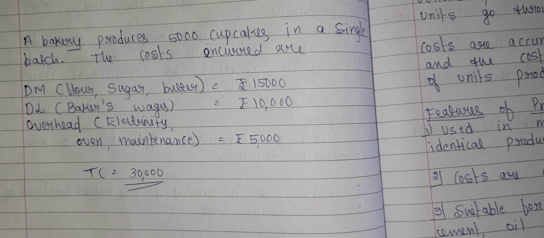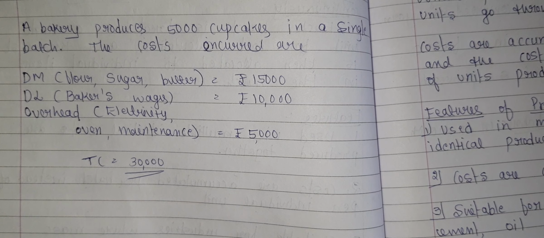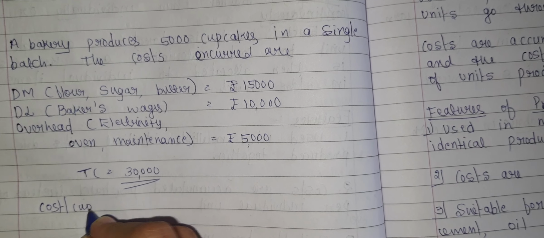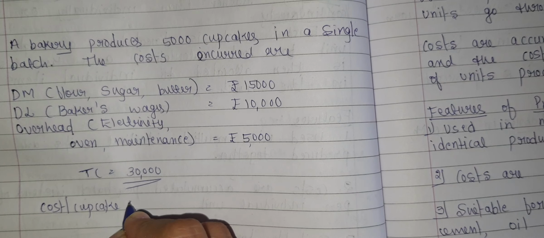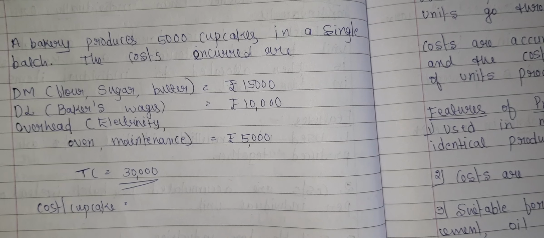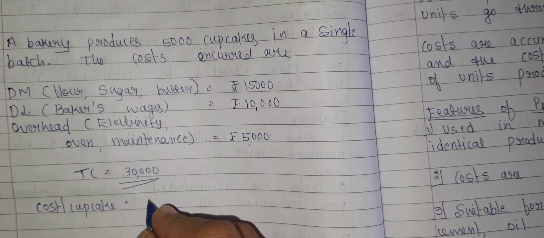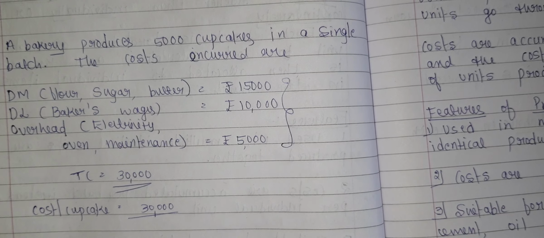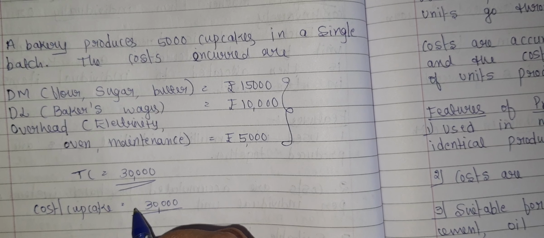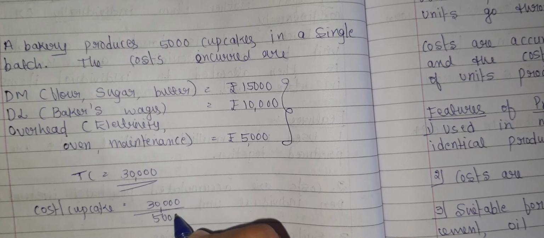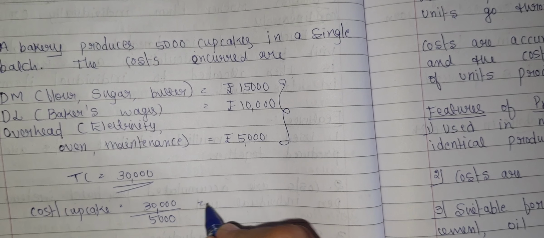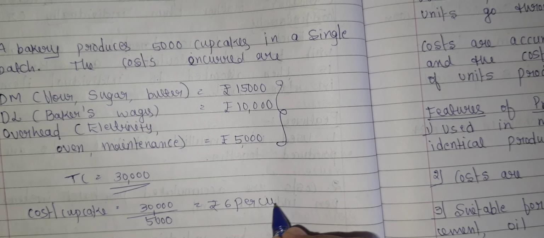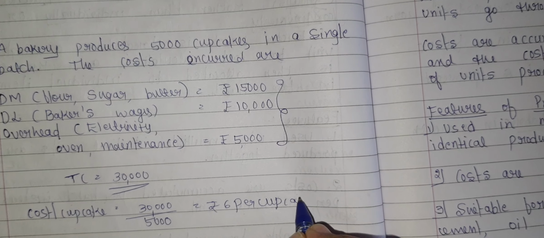Now we have to calculate the cost per unit or cost per cupcake. So the total batch cost is how much? That is rupees 30,000. This is the total batch cost. And they produced 5,000 cupcakes. It means that is rupees 6 per cupcake.